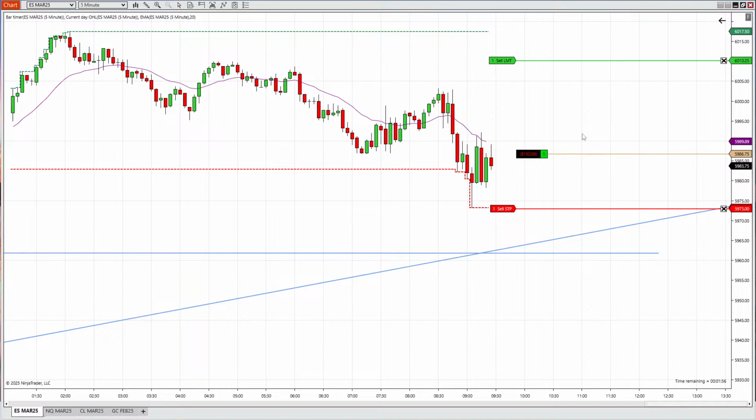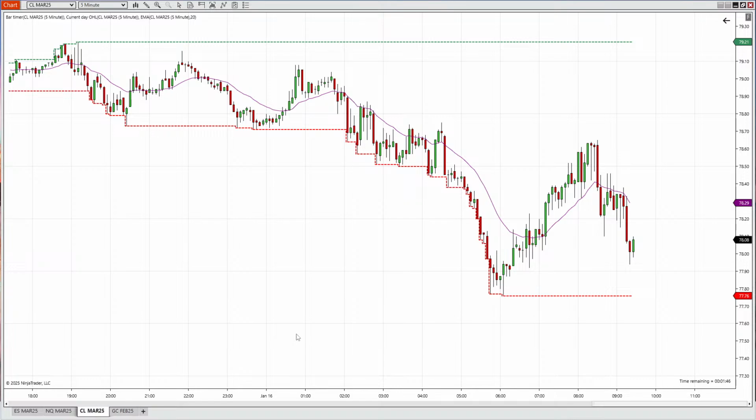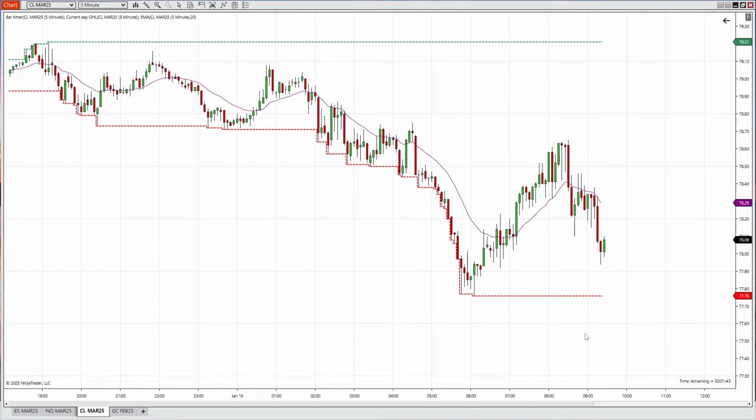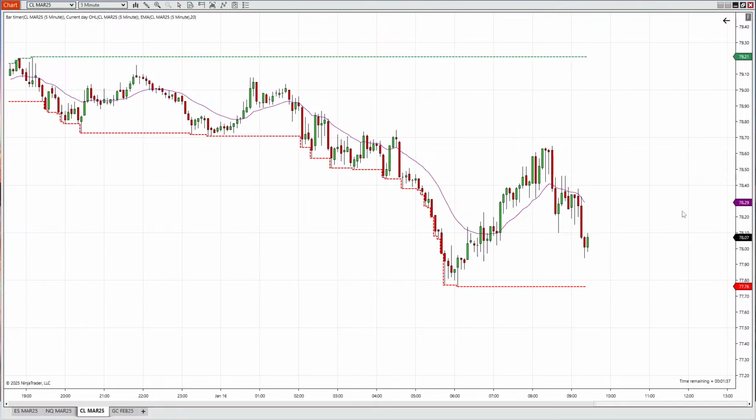At the low of the day. Sit here and wait for it to develop. You are seeing kind of like this. One leg down, two leg down. Motion on crude.